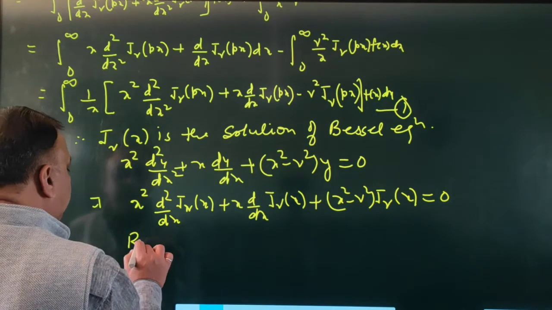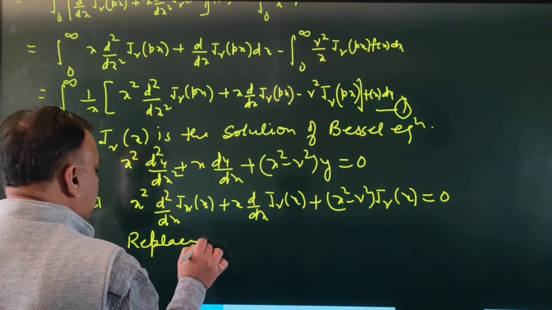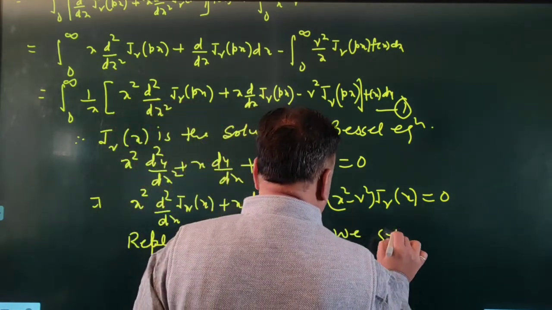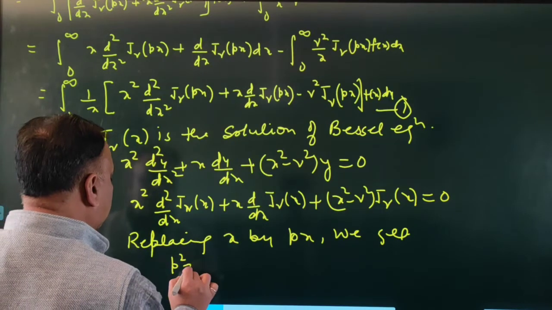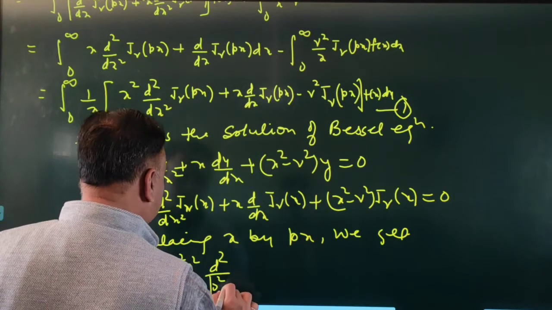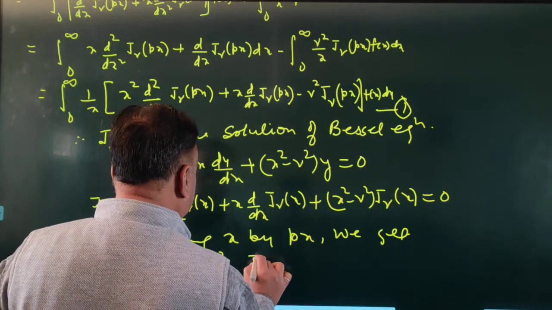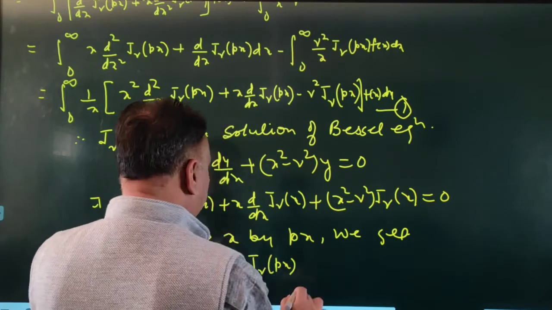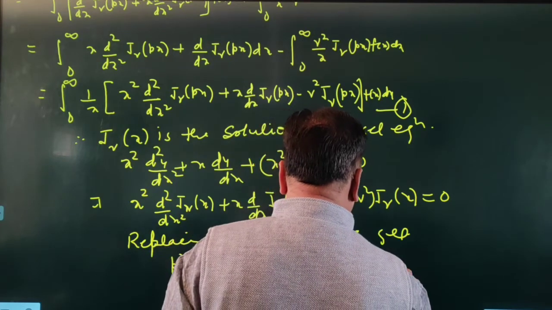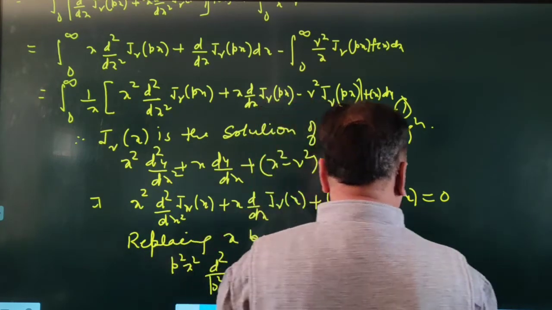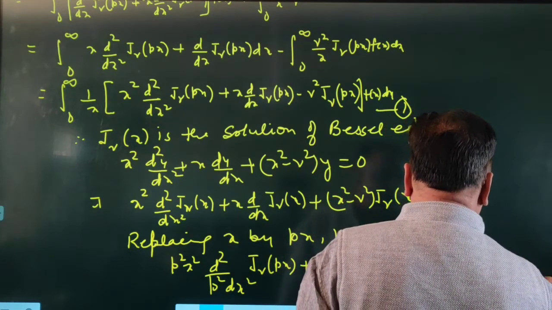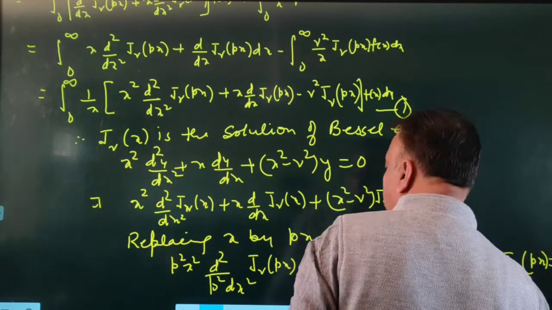Now replacing x by px, we get p square x square d2 by p square dx square J nu(px) plus px d by p dx J nu(px) plus (p square x square minus nu square) J nu(px) equals 0.